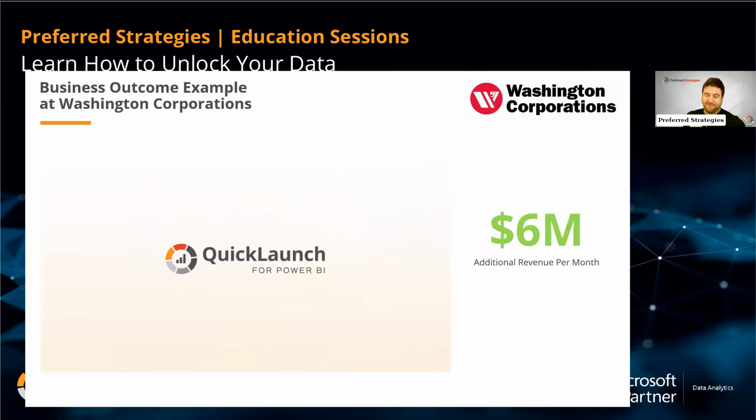So, I mean, how many of you guys would like to go back to your management team and say that you were able to add $6 million of revenue to the bottom line each month? I mean, that's pretty staggering, and that's just from one company. They're conglomerates, so they have many different companies there, and that's just from one company.